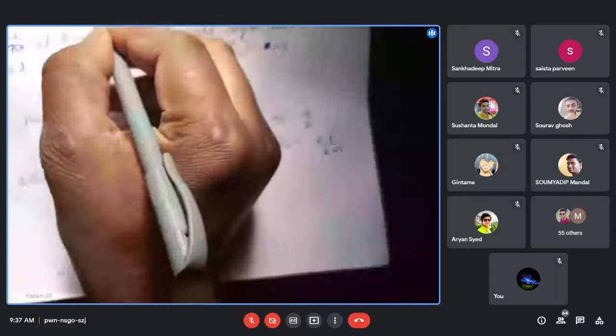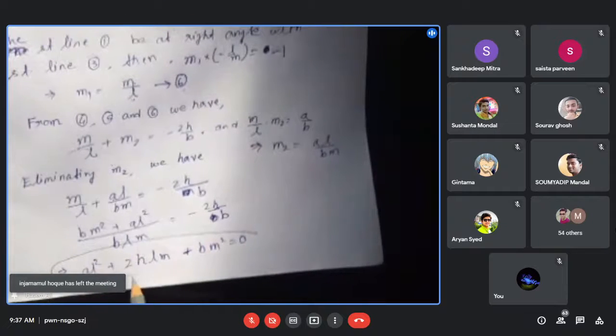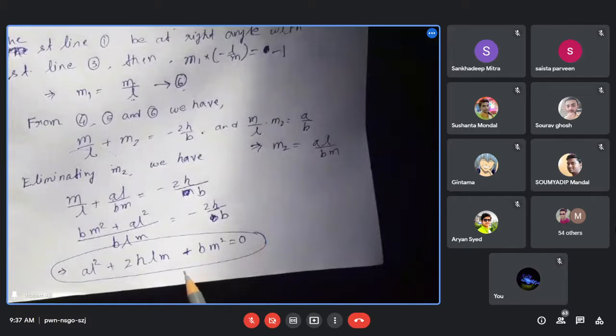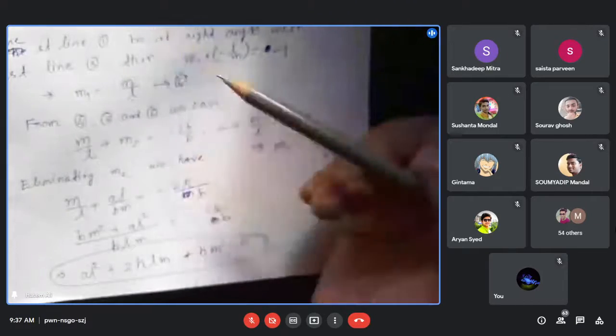So a plus b equals 0. This is a condition. And a l square plus 2hlm plus bm square equals 0. This is a condition for right angle triangle. Then the triangle will be right angle if these conditions hold simultaneously.